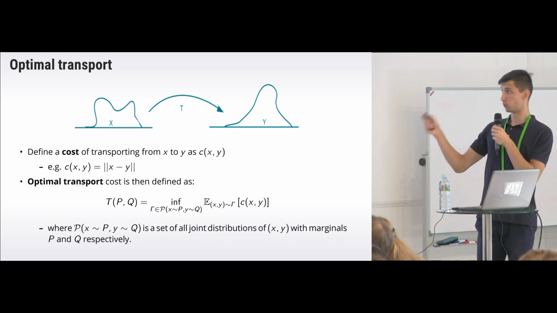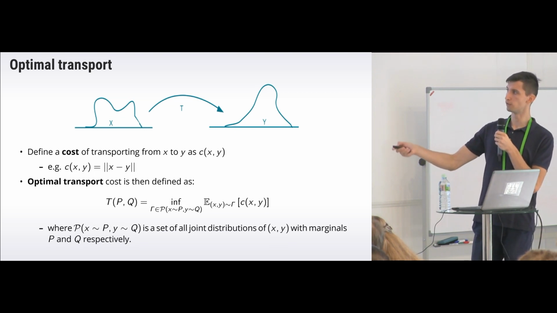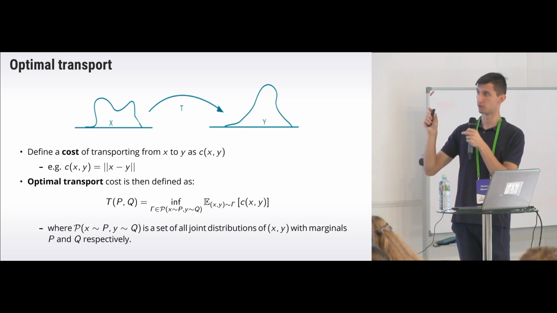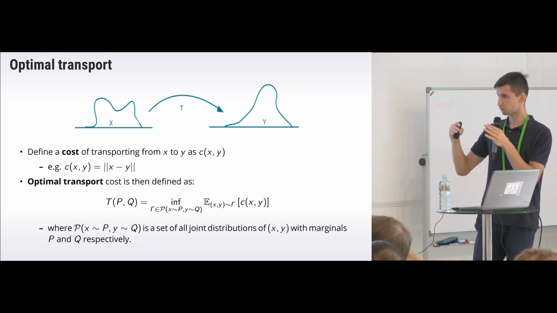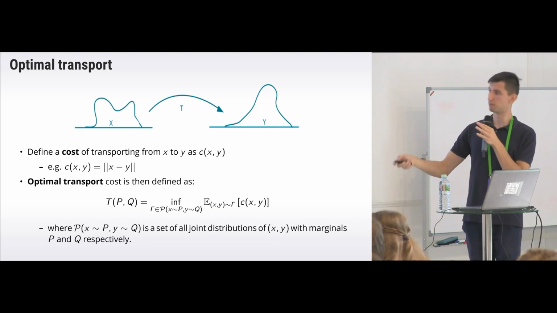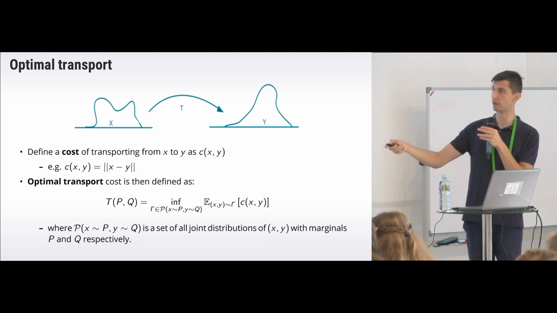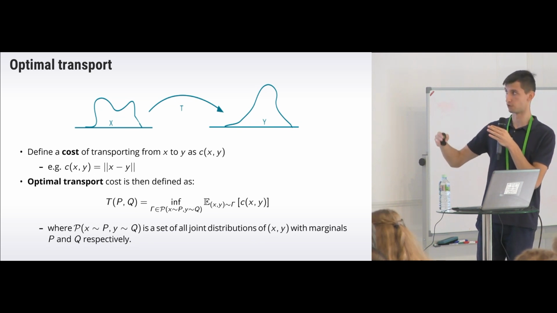But what's happening in here? First, we are looking for such a distribution gamma. It is a joint distribution defined on the joint space of P and Q, but it is a distribution that has marginals P and Q precisely, and nothing more. So we are going to look for this gamma in this family of distributions with proper marginals.